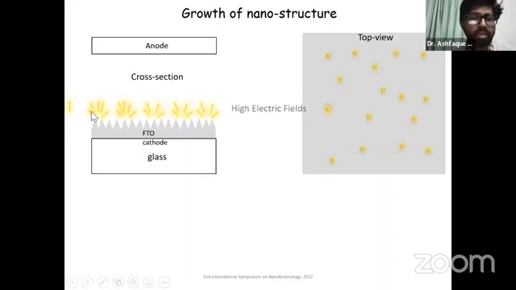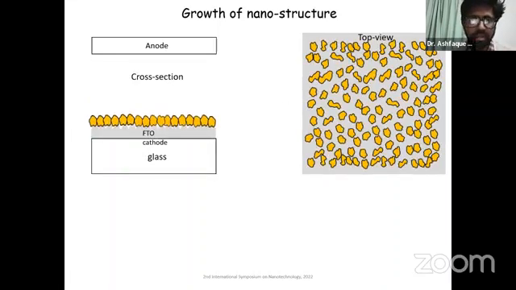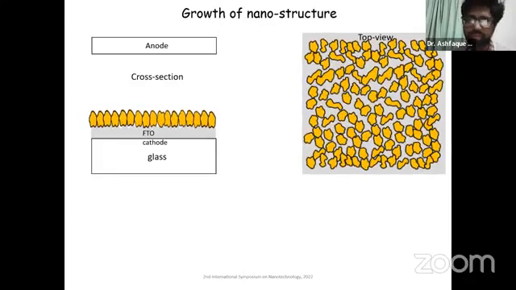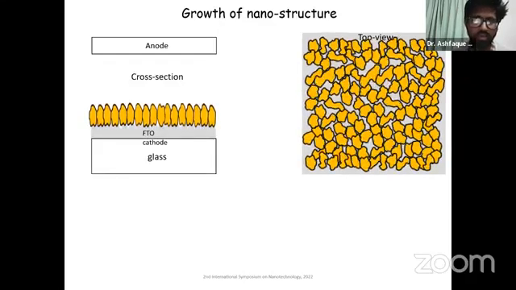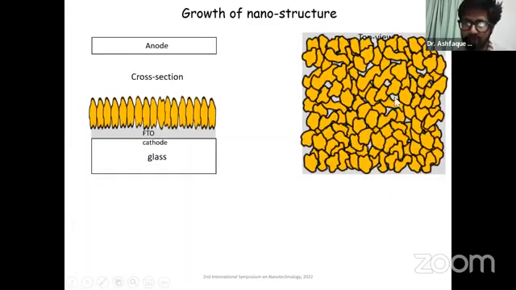And on these high electric fields, cadmium telluride starts growing, and a nanorod type of growth takes place. If I take a look at the cross section and the top view, we can see, after some time, rod type nanostructures.